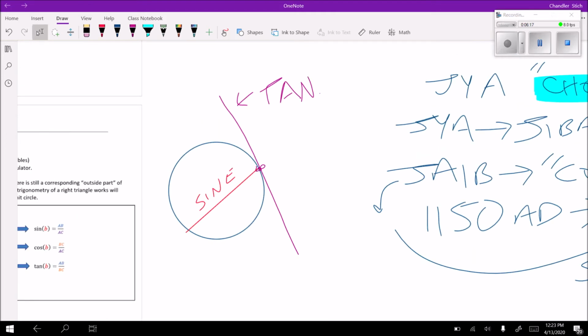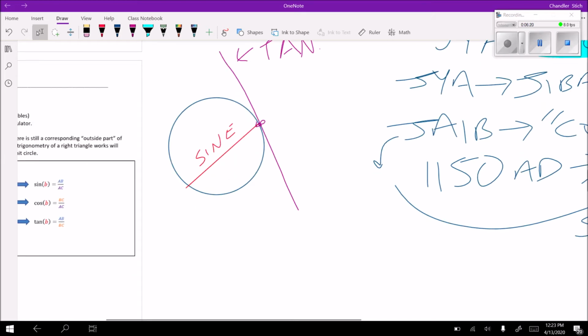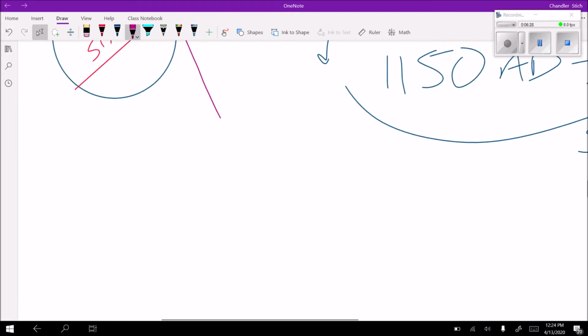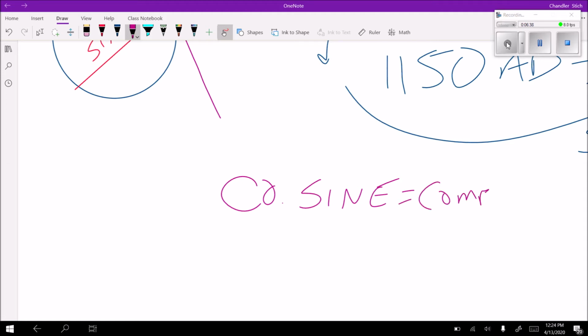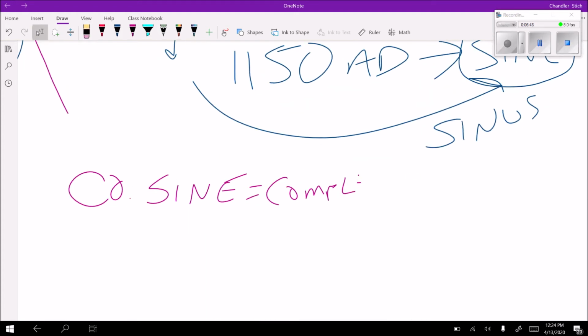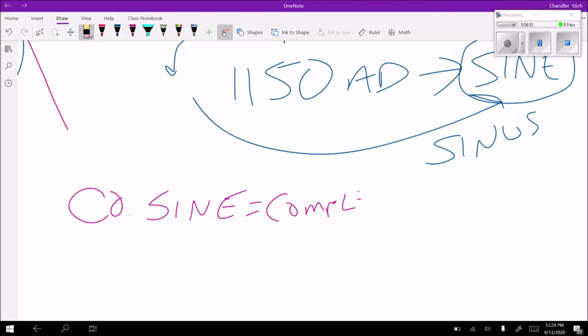So we have our tangent line, we have our sine or our chord. What is cosine? Well, cosine is technically co-sine, as in complement of sine.